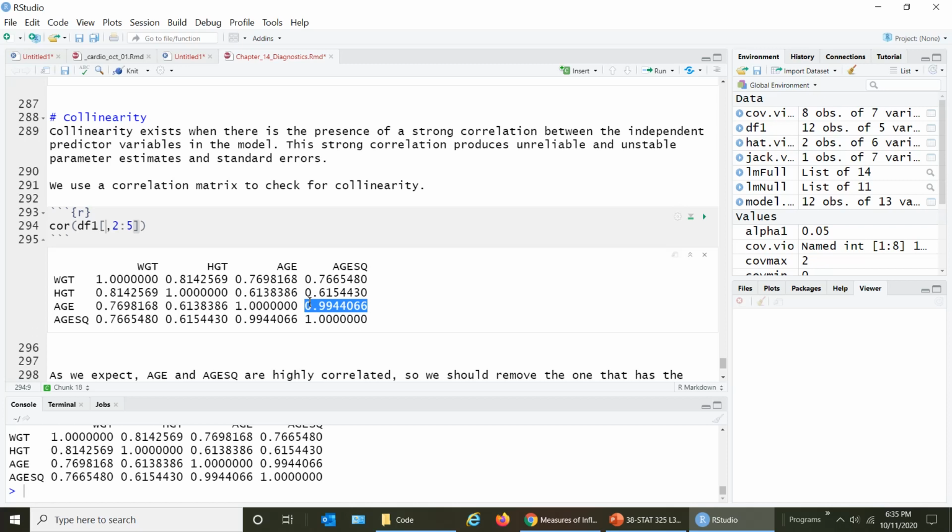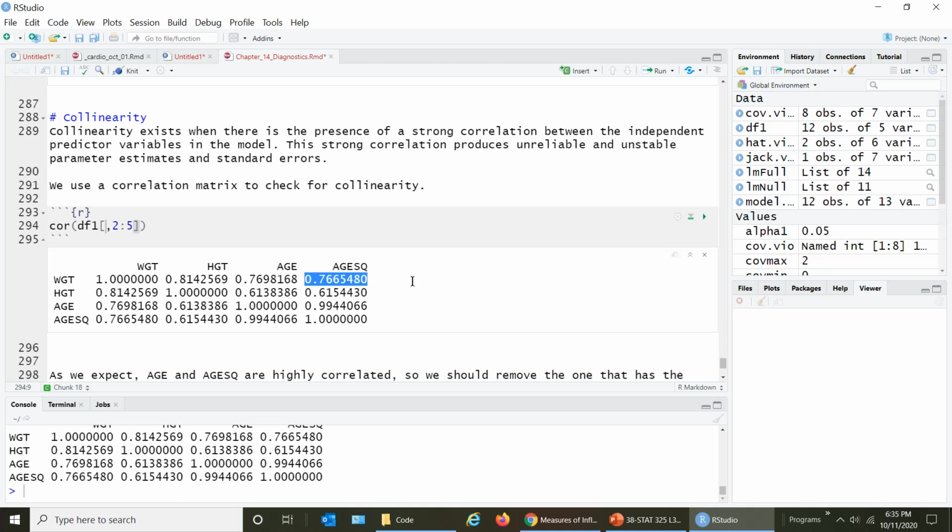So it makes sense that they're very highly correlated. Now, when I look at weight, I'm going to get rid of the one that has the smallest correlation to weight, and that would be, although barely, age squared. So age is the one that I would keep in the model because it's more highly correlated with weight.